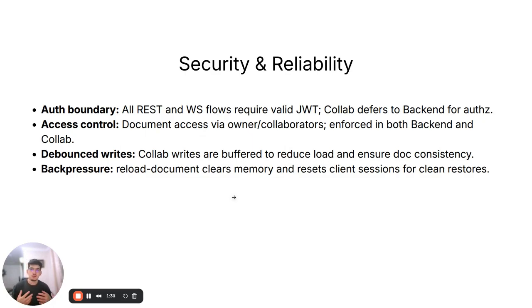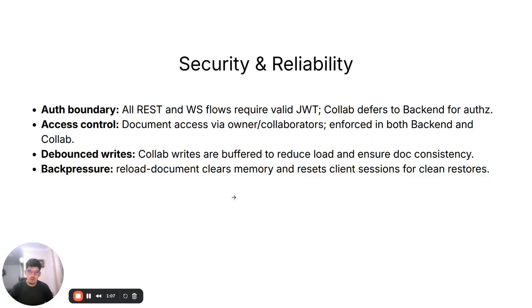Now, in terms of security and reliability, you may have noticed that security and reliability was a very key point in our project. So, the auth boundary: all REST APIs and endpoints, as well as the WebSocket flows, require a valid JWT. We're doing a very interesting job in terms of security.